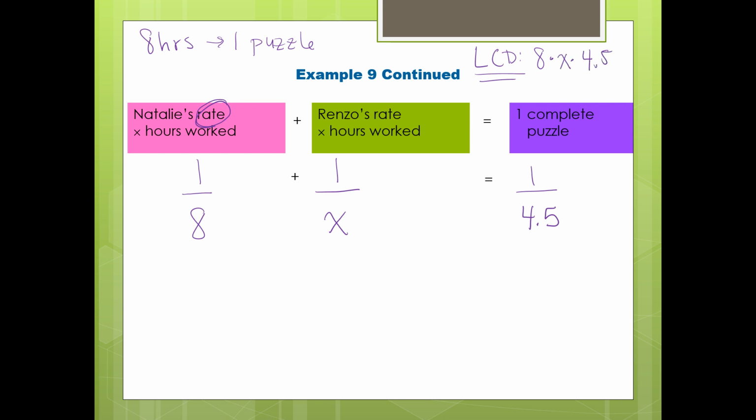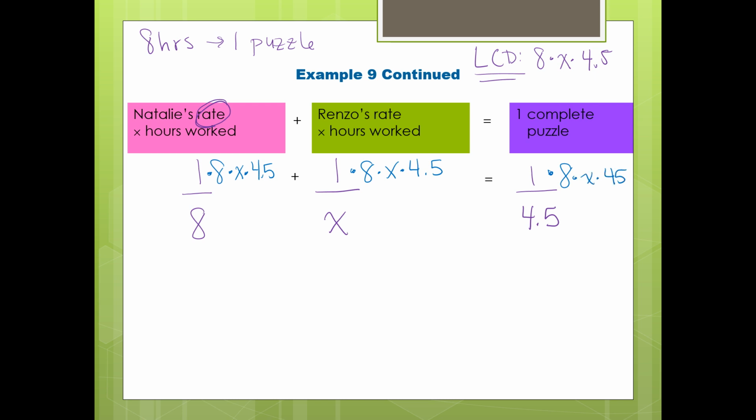It's all three of our denominators, and we're going to multiply by all of those. So 8 times x times 4.5, on each one. This is the same thing that we were doing before. It's just the setup was the tricky part here.